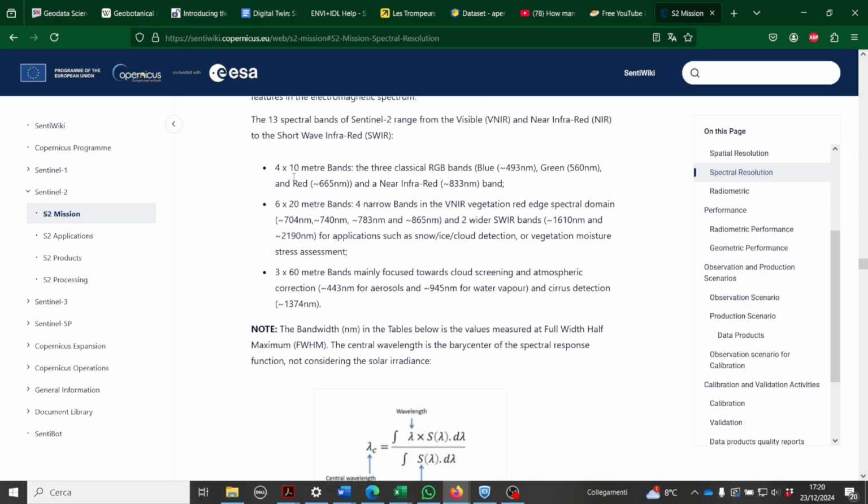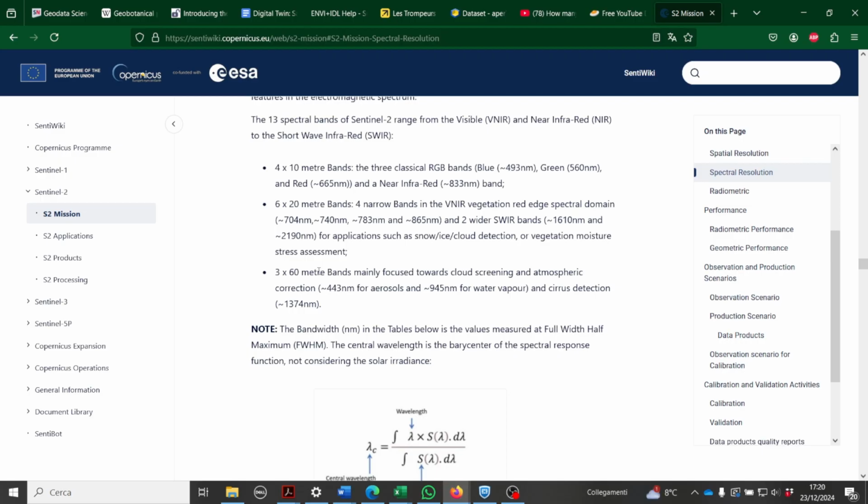So we have 6 bands here, and then we have 3 more bands at 60 meters that are focused towards cloud screening and atmospheric corrections. These bands are centered at 0.44 microns, that is a blue band for aerosol, and 0.94, that is the near infrared for water vapor.